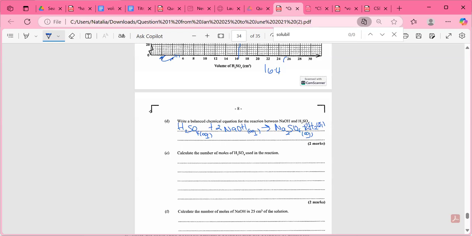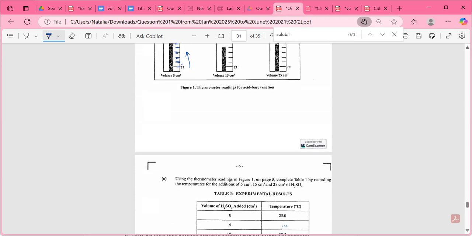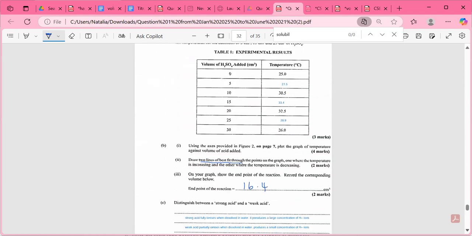Number of moles of H2SO4 used. We know the volume of H2SO4 is 16.4, so we go back to get the concentration. The concentration of H2SO4 is 0.1 molar.